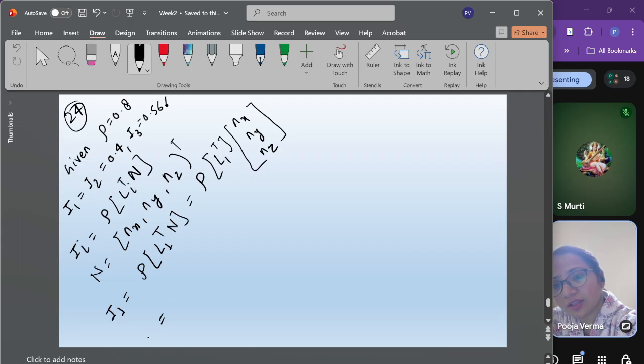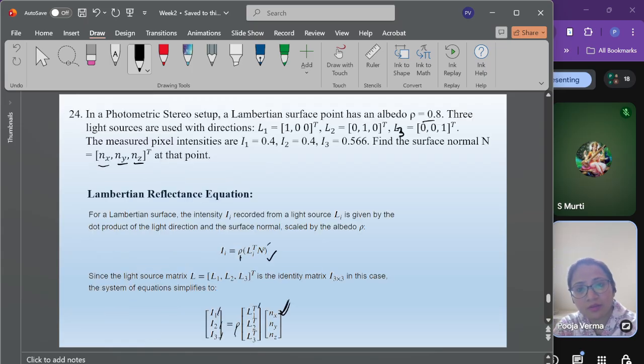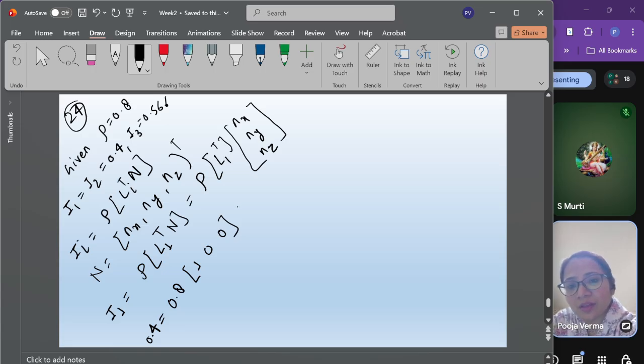So I1 is 0.4, rho is 0.8, and L1 transpose is already given, that is 1, 0, 0. Now multiply with nx, ny, and nz.